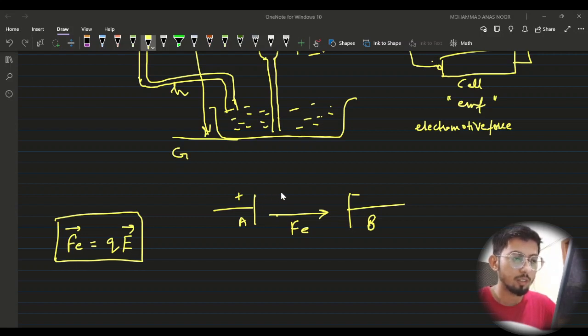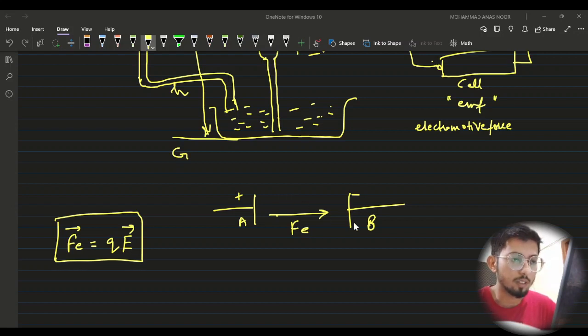Now this field exerts a force on the charge Q, isn't it? Whatever the charge Q we have. For example, we have some positive charge. This field will exert a force on charge Q in the opposite direction of Fn.